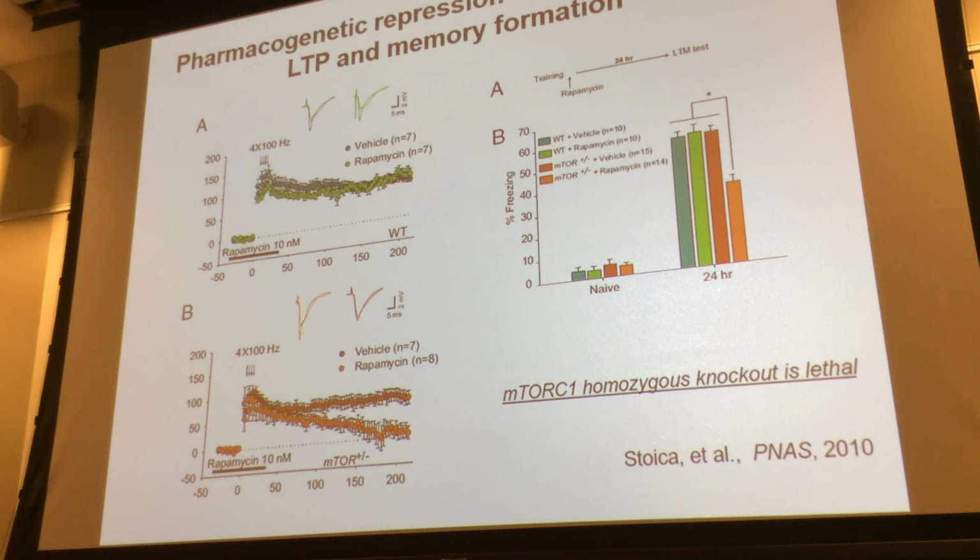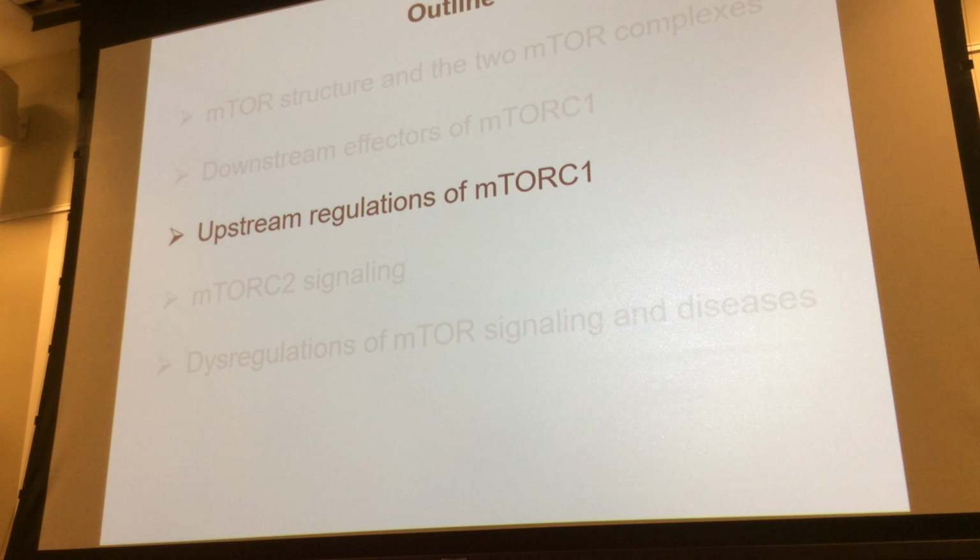They freeze frequently, so they do remember the context, that chamber. But not when you infuse rapamycin into this knockdown mice. You see, the freezing rate is much lower. They almost lost their memory. All right, so I see that this is correct.